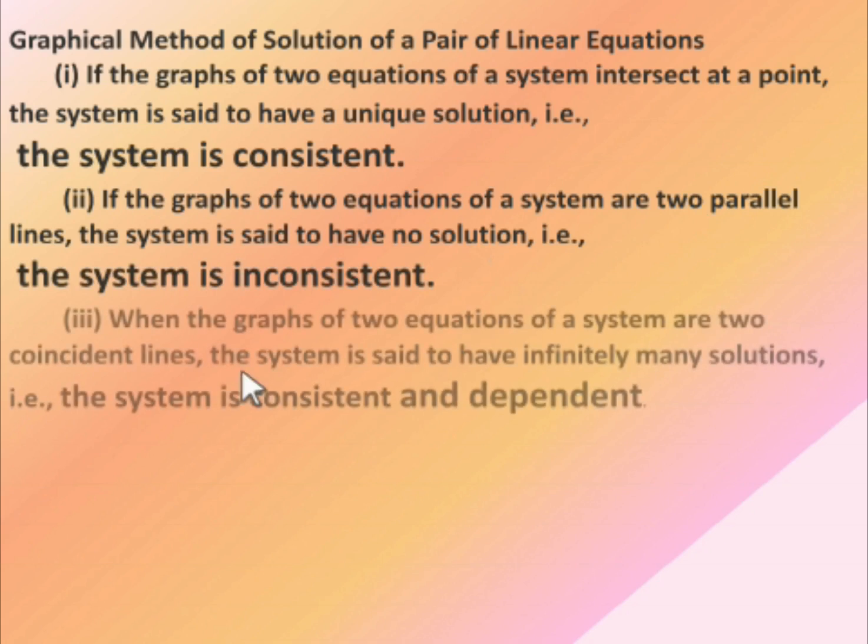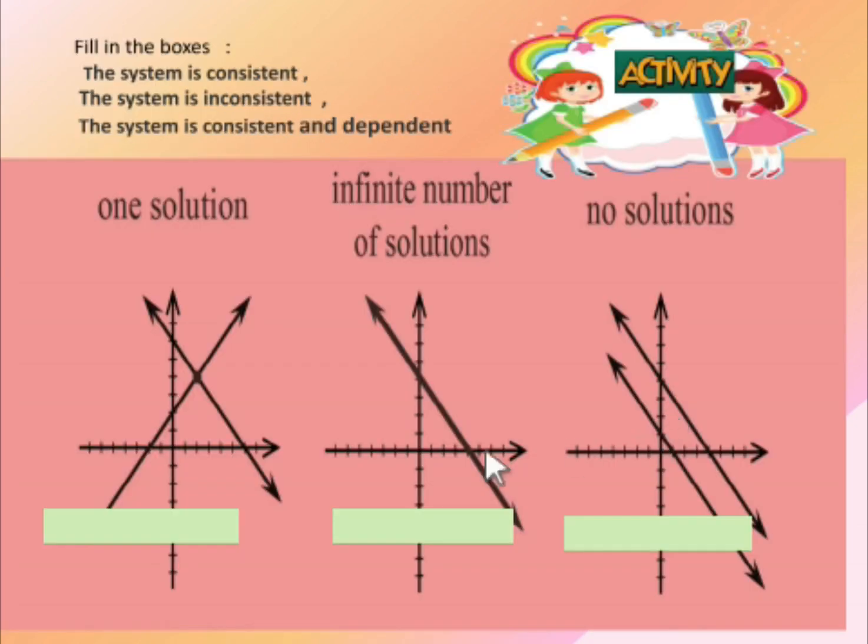Third, when the graphs of two equations have infinitely many solutions, the lines coincide. This is called a system of consistent and dependent lines.